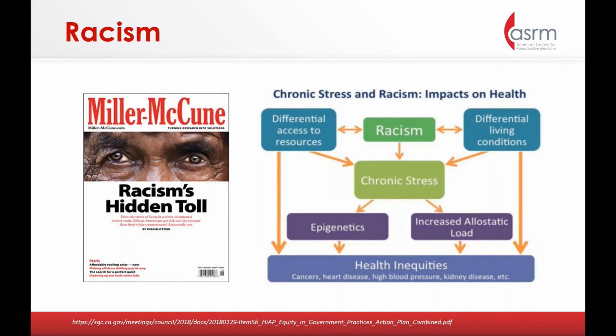One of the ways that racism is hypothesized to impact health is via two mechanisms. One is social determinants of health, which are amplified by racism and are caused by racism, as well as increased allostatic load, which is a downstream effect of the chronic stress seen and experienced by people who suffer from racism.